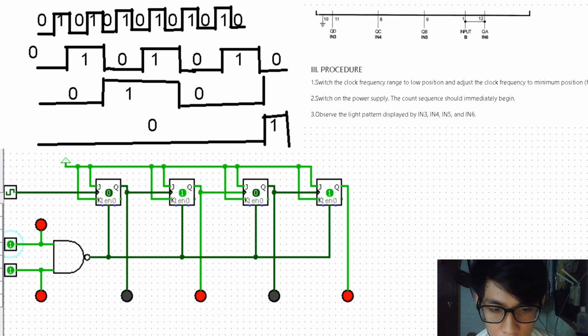So what if we move the clock pulse to the second input? Let's try it. Let's reset. Then let's move it to here.